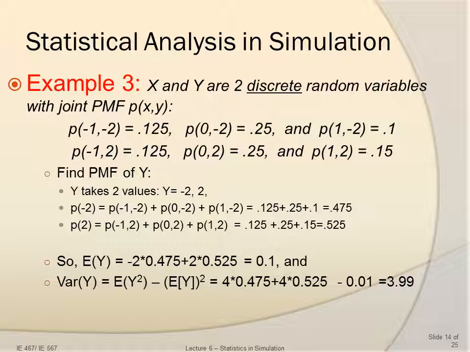When we sum the first two up, we get 4, and then we subtract 0.01, and we get 3.99 as the value of the variance of y.